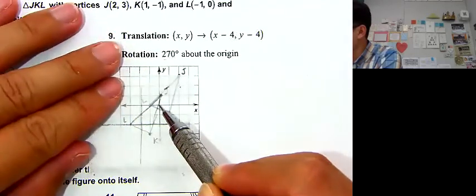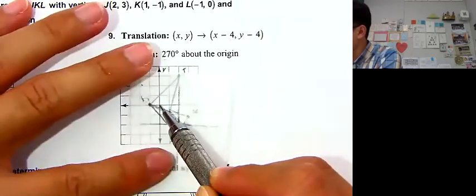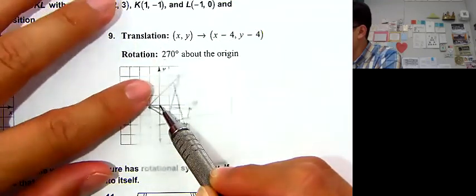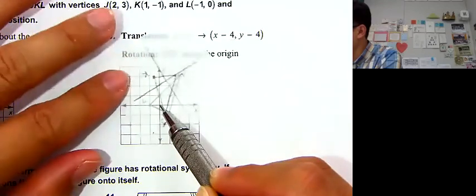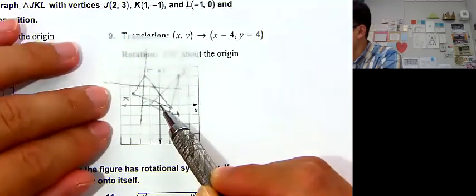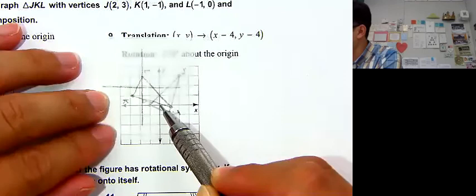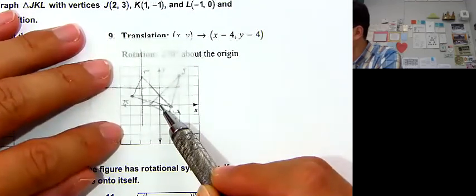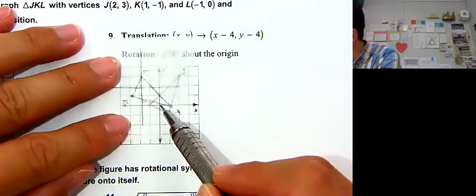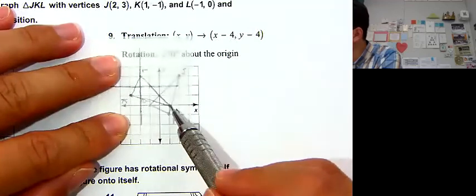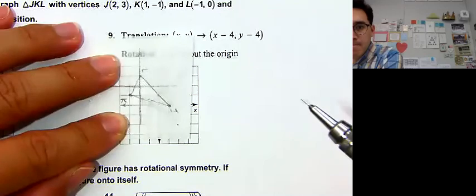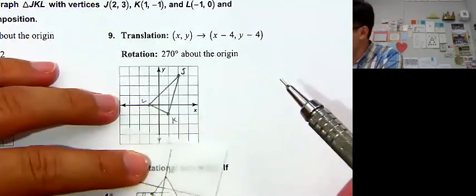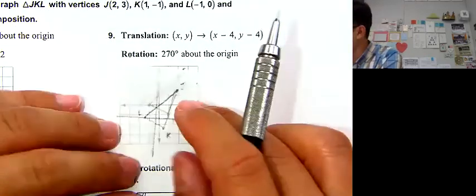We're going to do 270 degrees. So this is a quarter turn for 90, another quarter turn for 180, and then our final quarter turn for 270 degrees. Okay, and so here is the image of the new triangle right there.